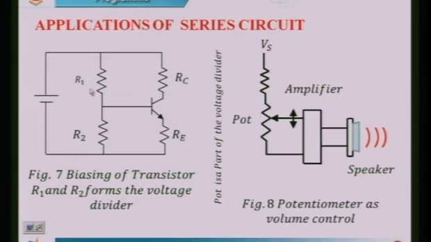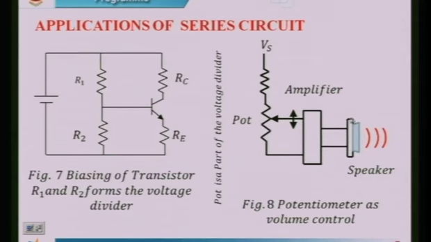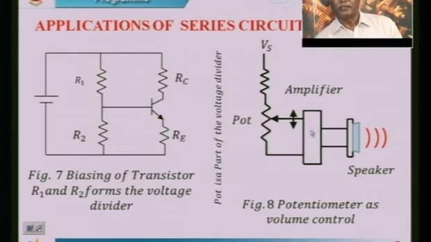So, this is the fixed voltage divider used to bias a transistor here, while the variable divider has been considered here, where this is the speaker and this is the amplifier, and this is nothing but the variable pot.